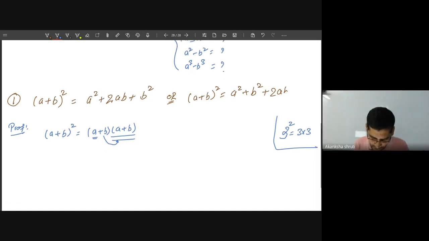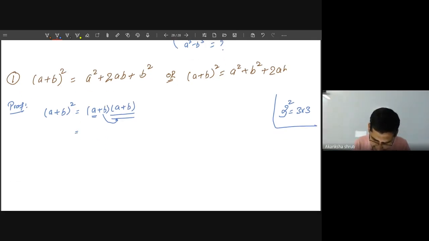That is called the distributive property. So a into (a plus b), then again b into (a plus b).